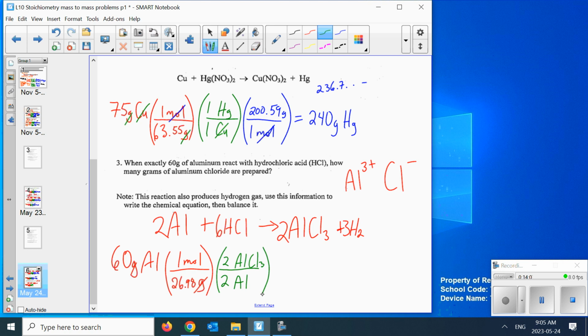I've now changed the chemical. Moles of aluminum chloride. I want mass of aluminum chloride, so I'm going to get grams on the top. So I add it up: 26.98 plus 3 groups of chloride, so 3 times 35.45. That's 133.22.